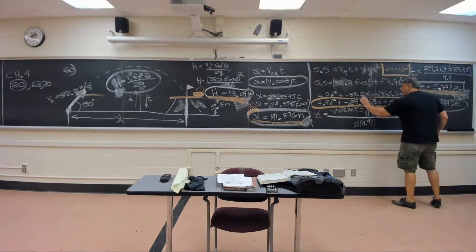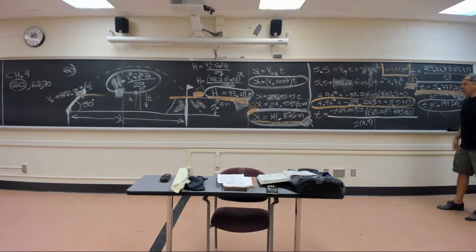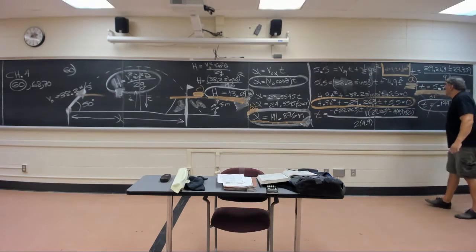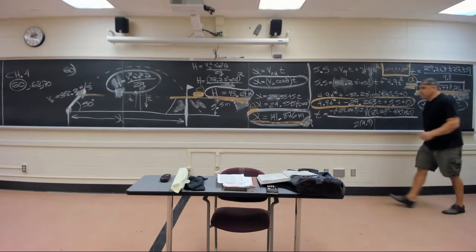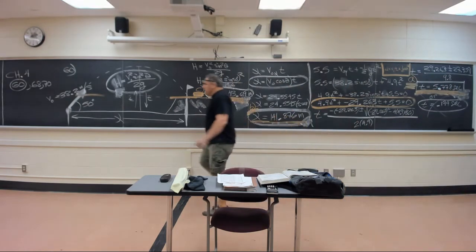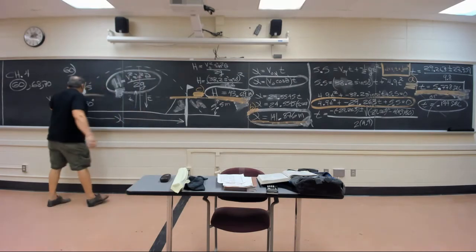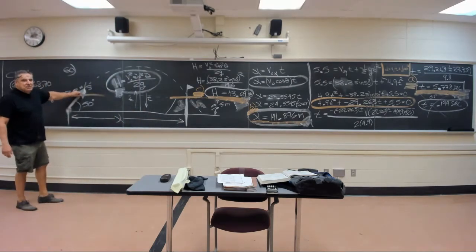Here's your quadratic equation. Proceed. t is going to be equal to all of this. There's a plus or minus scenario here. Here's a big amount of time. Here's a small amount of time. The small amount of time, about 0.2 seconds, 0.194 seconds. It took about 0.2 seconds to get up to here.